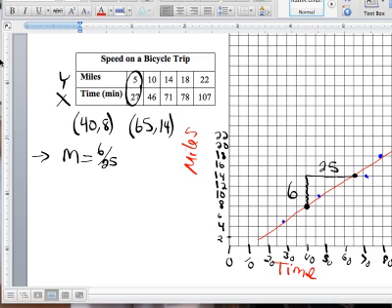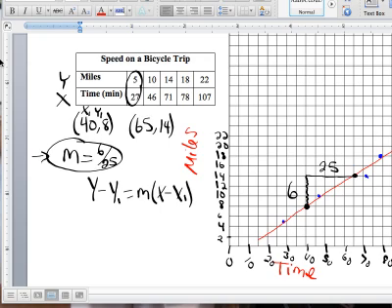And then I need to use just 1 point. Then I have a point and I have a slope, and I can put it into the point-slope formula, which is what we've been doing time and time again. So we have this m. We'll call the 40, comma 8, we'll call that one x1, y1. So now we're ready to write our equation like we've been doing. We write it in point-slope form, which is y minus y1 equals m times parentheses x minus x1.